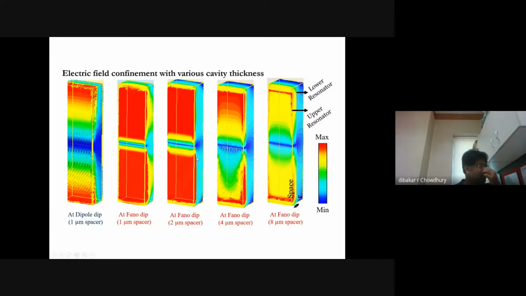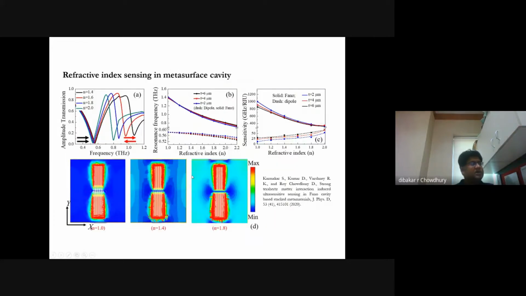You see that 2 micrometer was the optimized point. There we had the maximum field confinement, and with this concept we moved ahead to refractive index sensing. We did it for refractive index 1.4 to 2.0, and we observed that a record high 1 terahertz per refractive index unit sensing is possible.